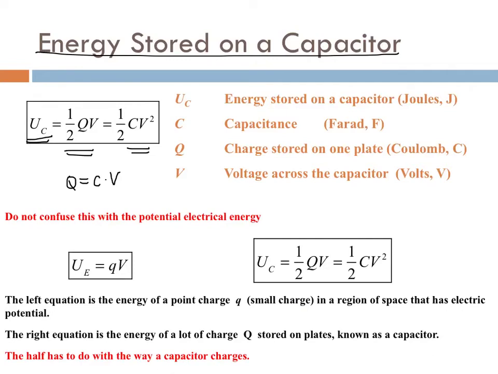Again, U is going to be energy in joules, C is capacitance in farads, Q is charge in coulombs, and V is voltage in volts. Now, the very important part is that you do not confuse this with potential electrical energy. This is not the equation, and these are not equivalent to each other.